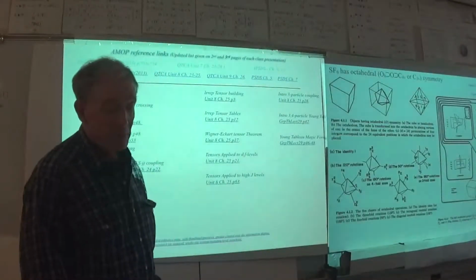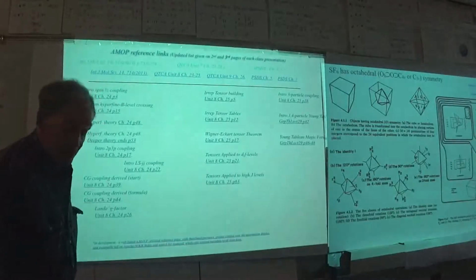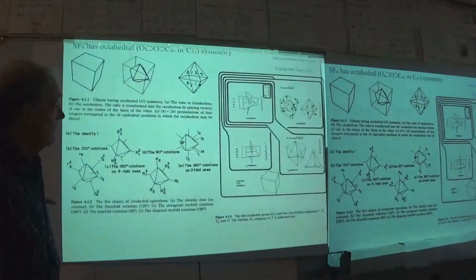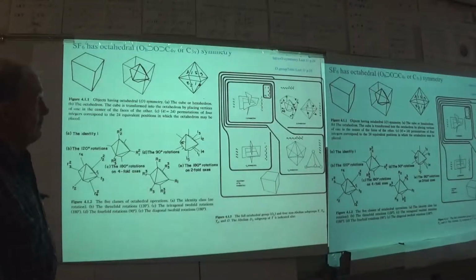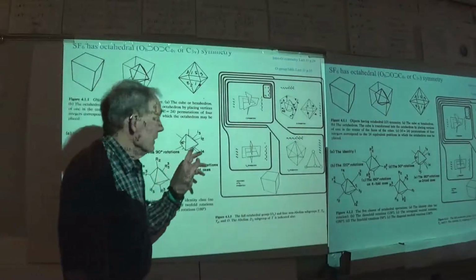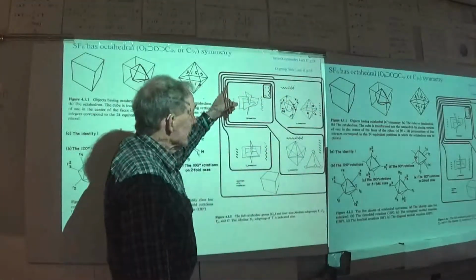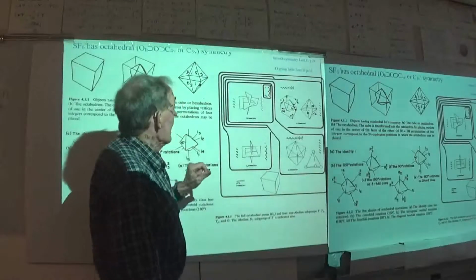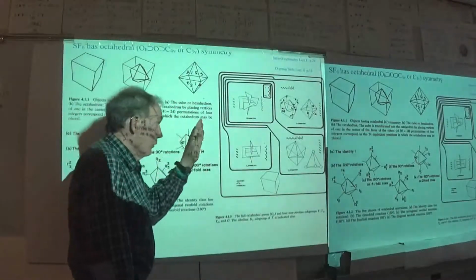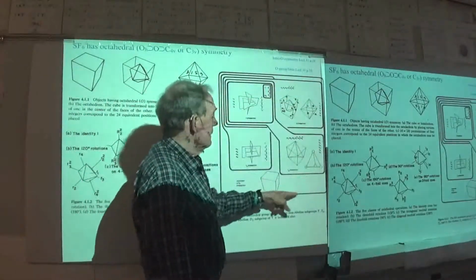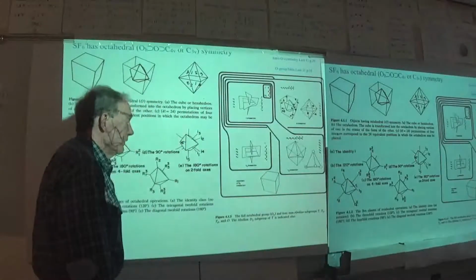So, we've seen this picture right here. I'm going to try to keep these screens synchronized, of the octahedral symmetry. And that means we're looking both at the O group, which is in this rectangle right here, and the OH group, which is the whole shebang that's there.